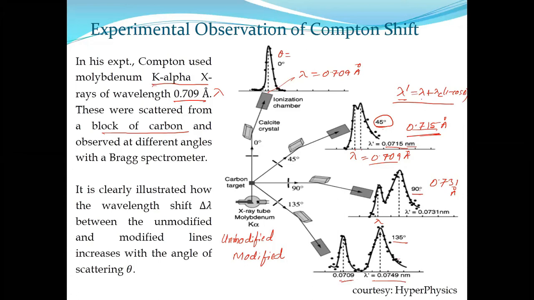Rather, whenever you are exposing that carbon in front of the X-ray beam, you are actually supplying a large number of atoms along with a large number of electrons, not a single one.